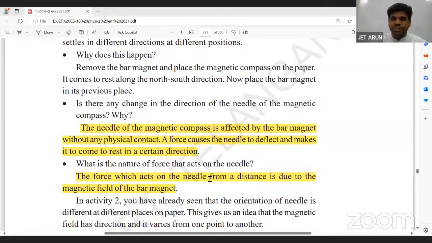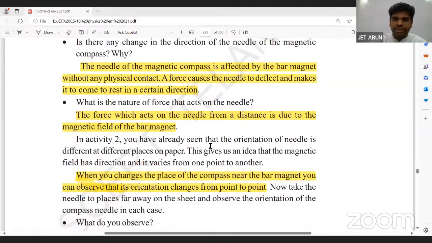So where is this force being affected from? How is the needle being affected? By a force, a magnetic force. That is due to the magnetic field of the bar magnet. All right.